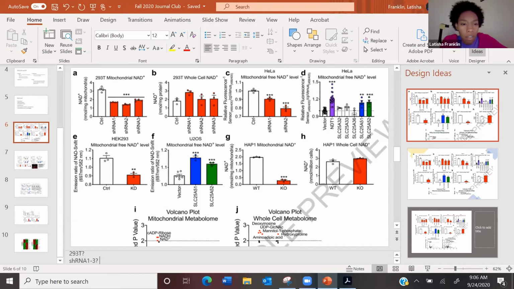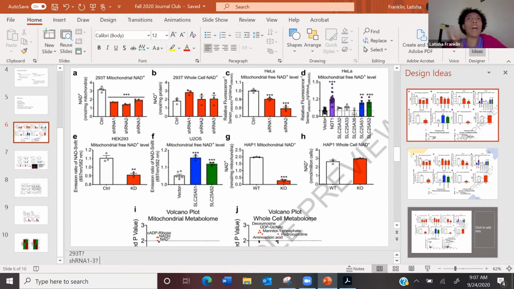I think they have 4 replicates, or 4 experiments, that all went into determining the significance. Significance means basically that this is very highly likely to occur under these conditions.